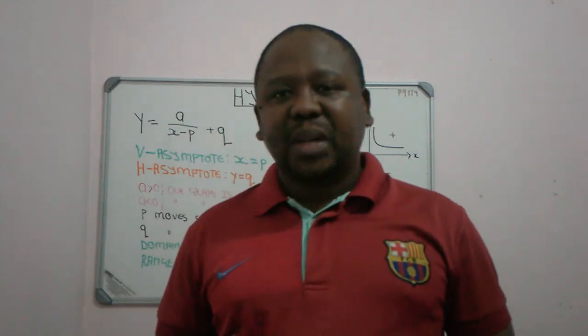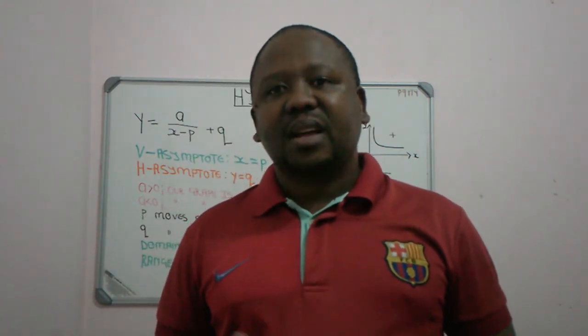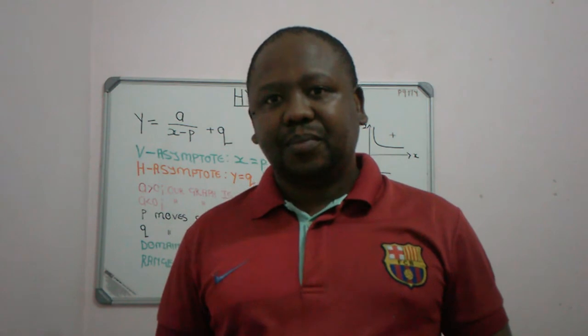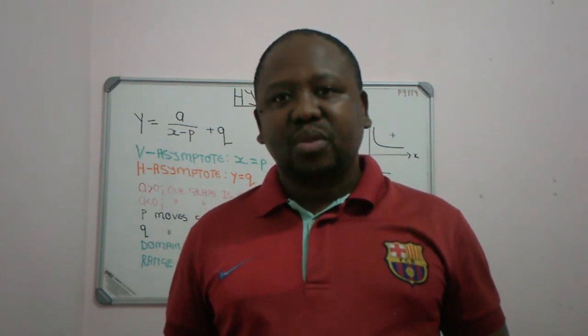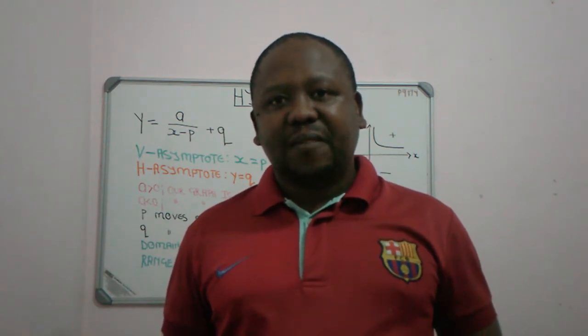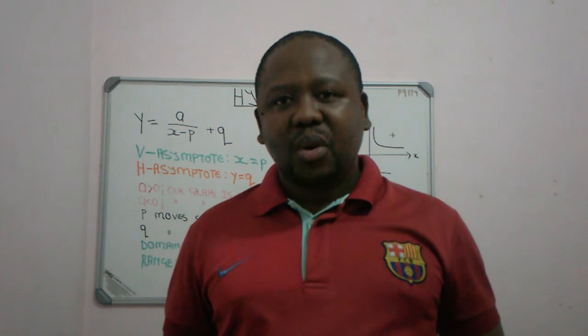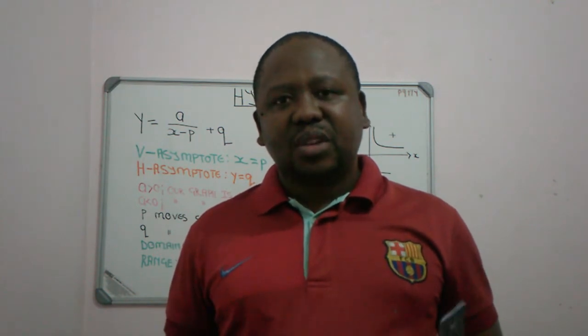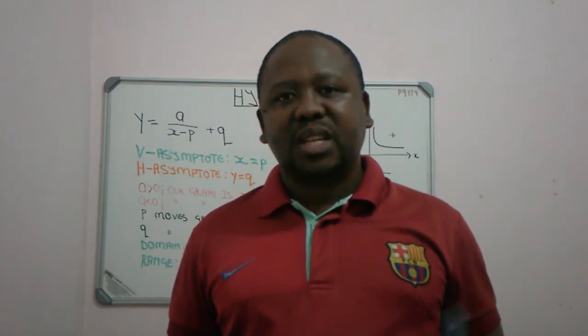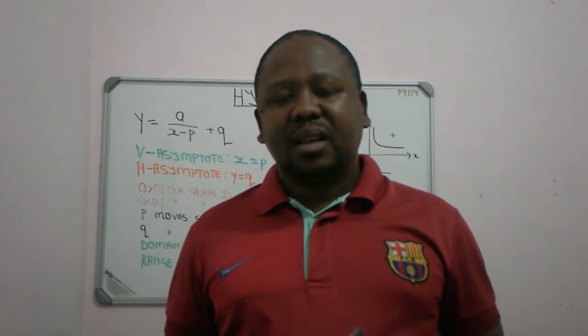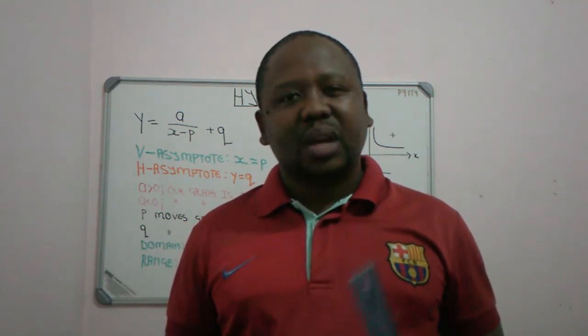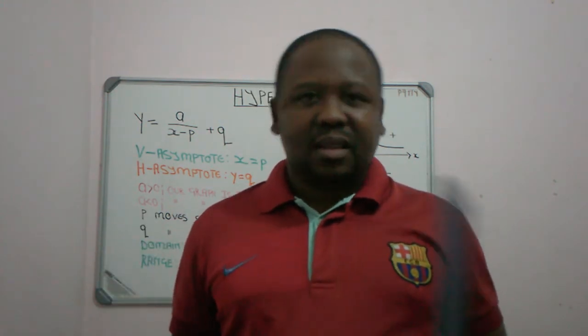Those are the properties or the characteristics of hyperbola. When you get equations and you know those characteristics, it's easy for you to answer the question, because the first thing you can do when you look at your equation is identify your a. And if you see your a is positive, you already know first part, third part.